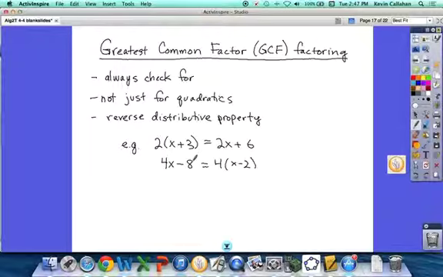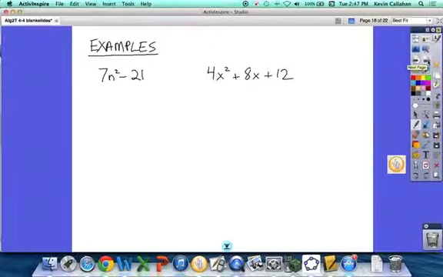Okay, so here's a couple examples. In this one here, there's two terms. Terms are separated by plus or minus, like additions or subtractions. What's the greatest common factor in both of those terms? If it helps, you could write it like 7n squared minus 7 times 3.